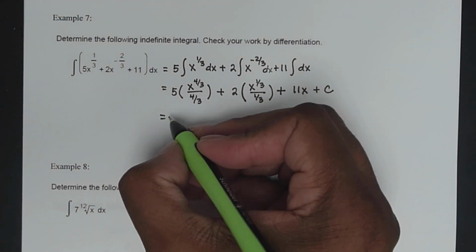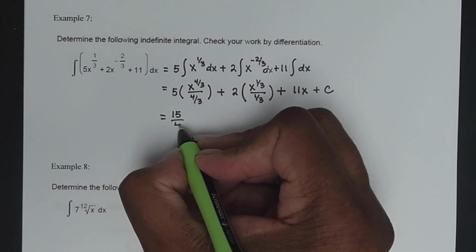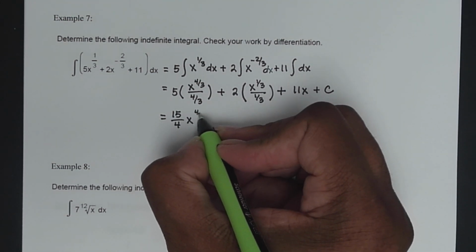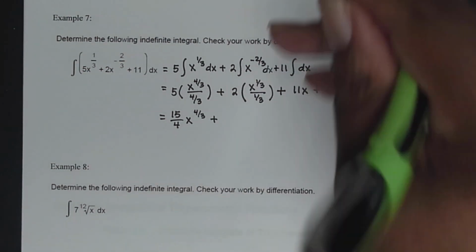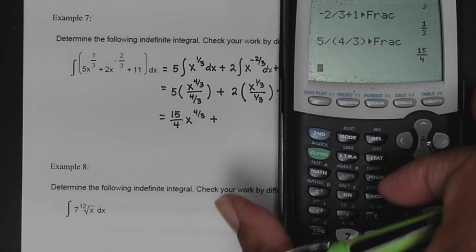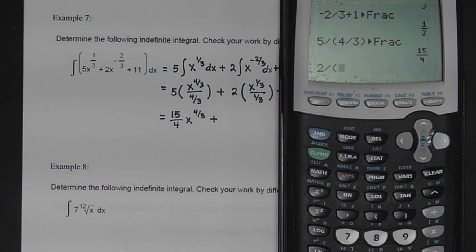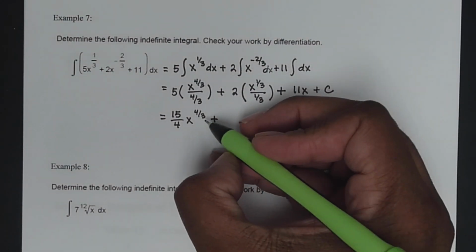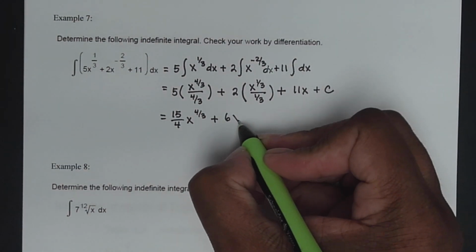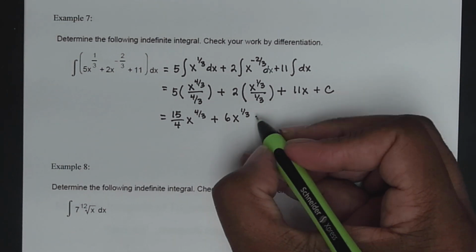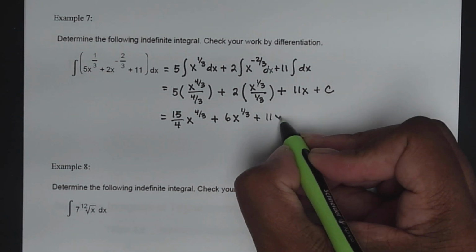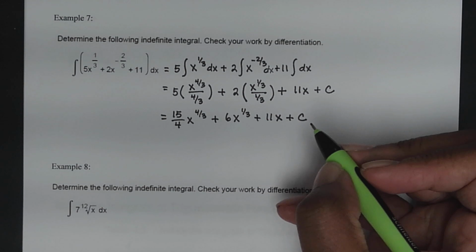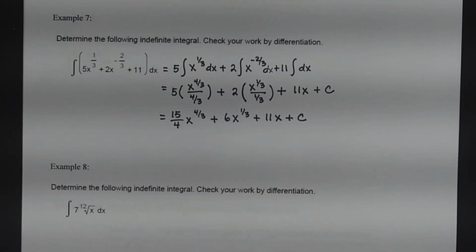So it'll be 15 over 4 times x to the 4/3, plus 2 divided by 1/3 will be 2 divided by, then left parentheses, 1 divided by 3, close parentheses, math key, and then number 1 for fraction. I end up getting 6 as a whole number. So that'll be 6x to the 1/3 plus 11x plus c, and I will go no further than that.